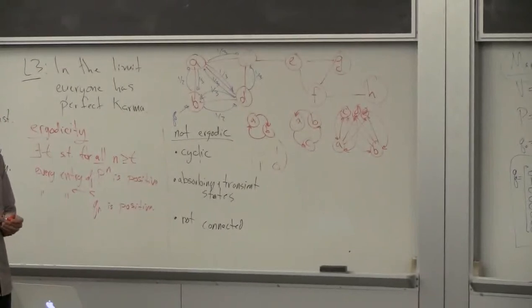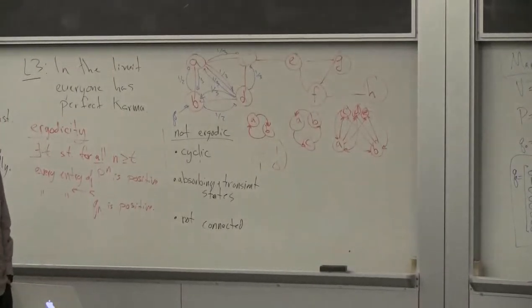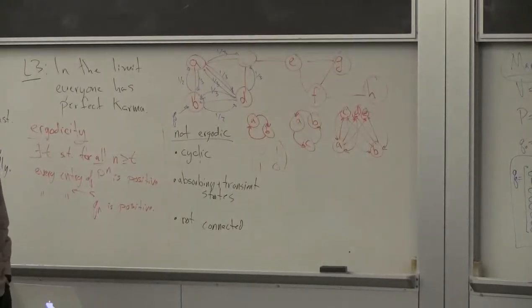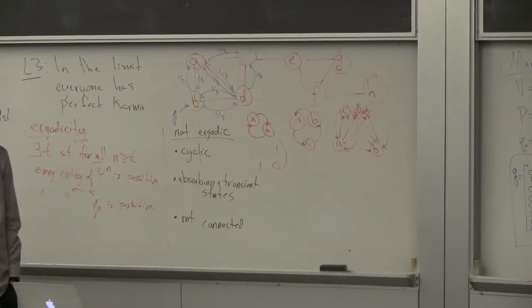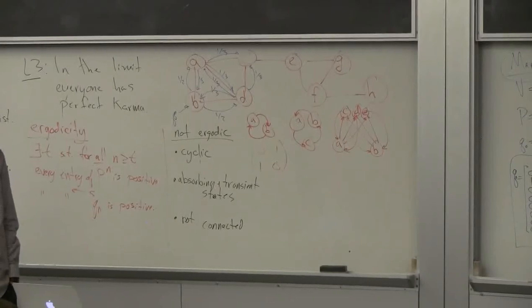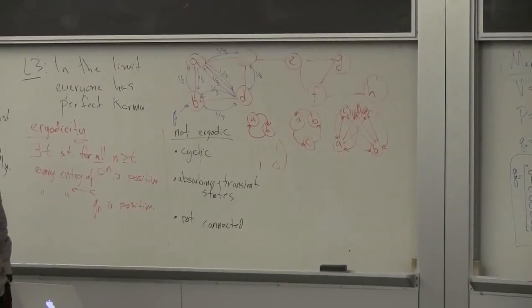So, if I understand correctly, ergodicity means that after, say, n greater than or equal to t, the distribution cannot have any value as 0? Or is 0 an allowed value? So 0 can't be allowed.